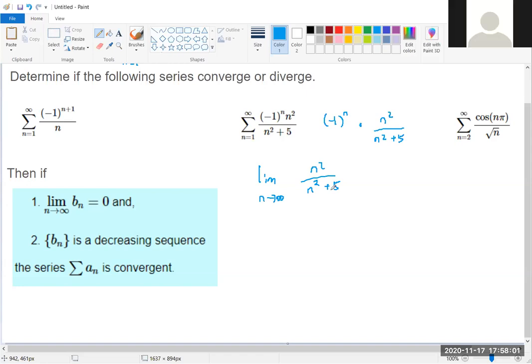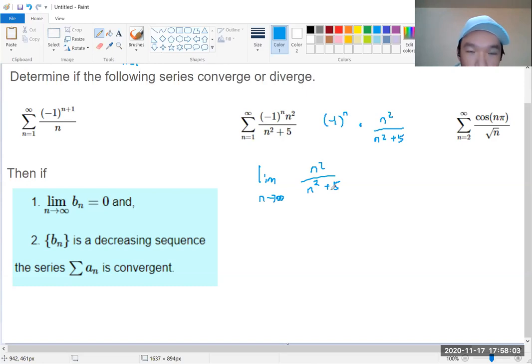Yeah, so as long as the alternating part is basically -1 to the n or -1 to the n plus 1. If it's anything other than that, you can just rewrite it as -1 to the n or -1 to the n plus 1. All right, so what's the limit here?